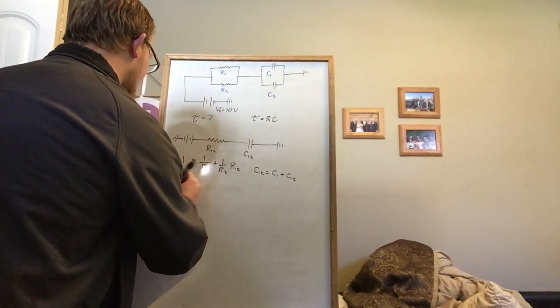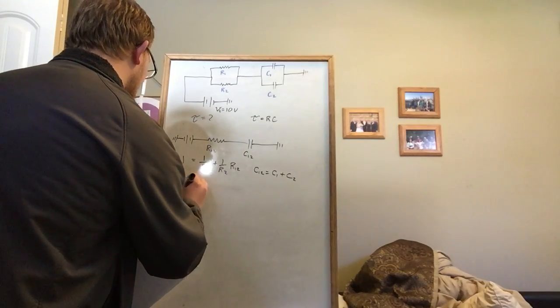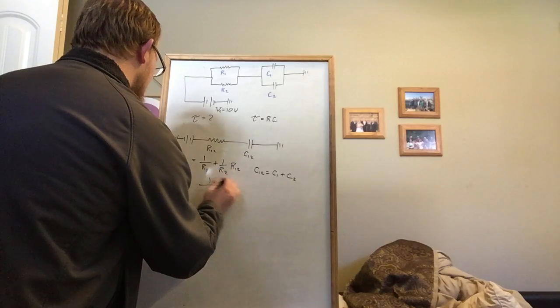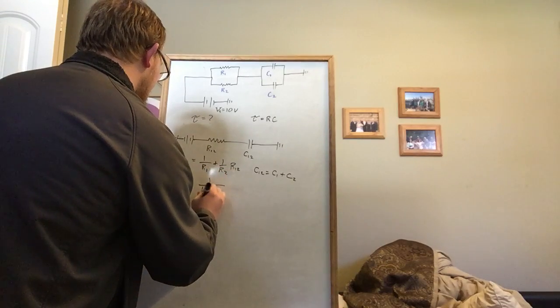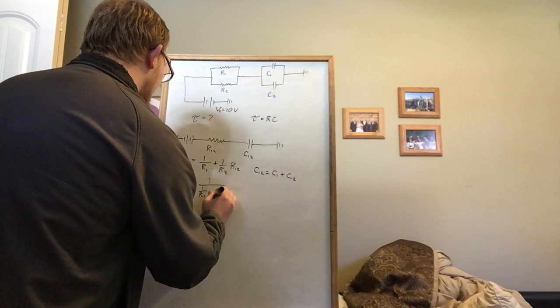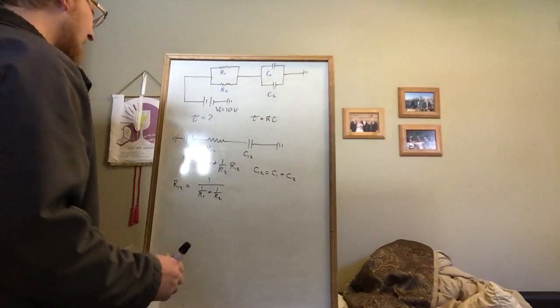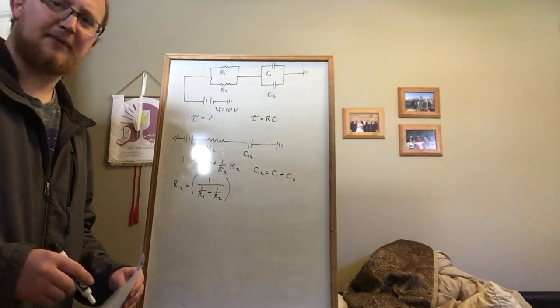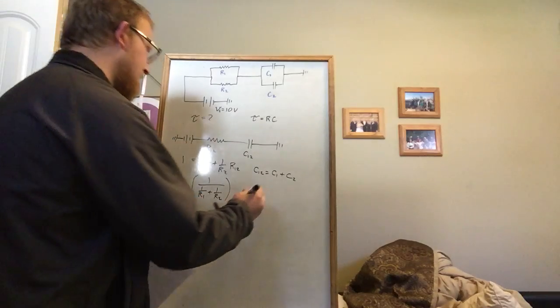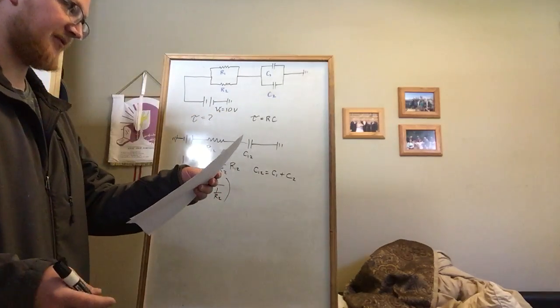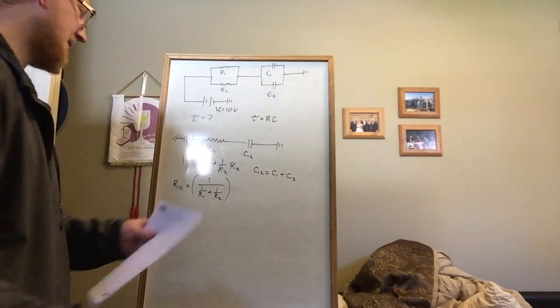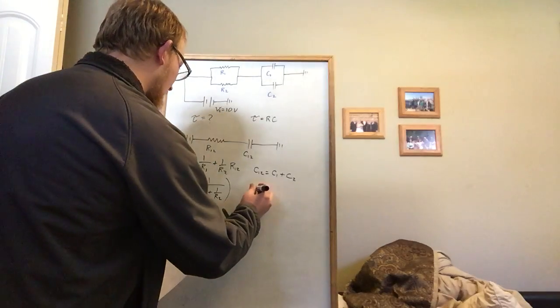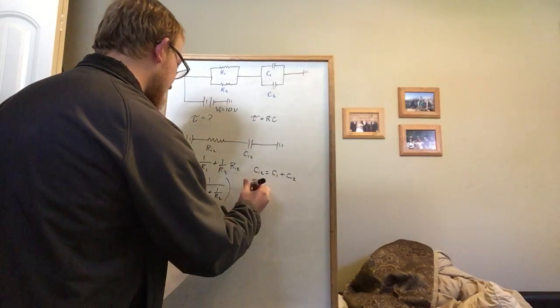And so what we end up with is R12 equals 1 over R1 plus 1 over R2. And that's pretty much good enough for me. There is a way to simplify it further, but it didn't tell you to simplify it. It just said find the time constant in terms of R1, R2, and C1, C2.